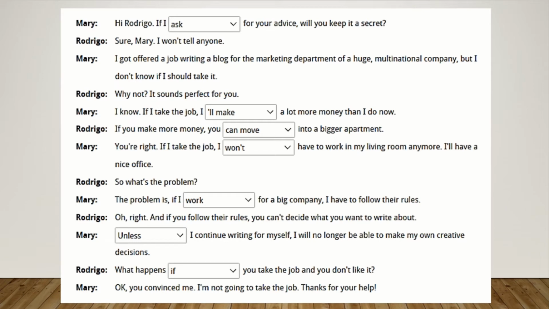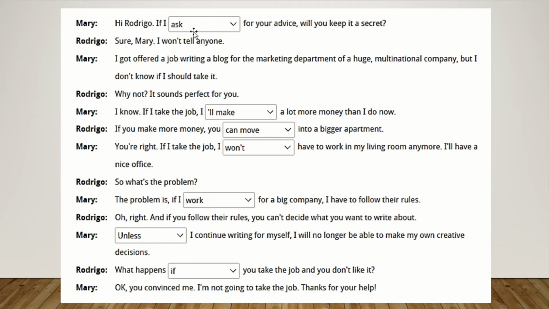With this exercise, we start the quiz of Unit 21, Future Real Conditionals, where the if or condition is written in present tense, simple present, and my result will be in future, all right? So, in the first one, you have "if I ask".